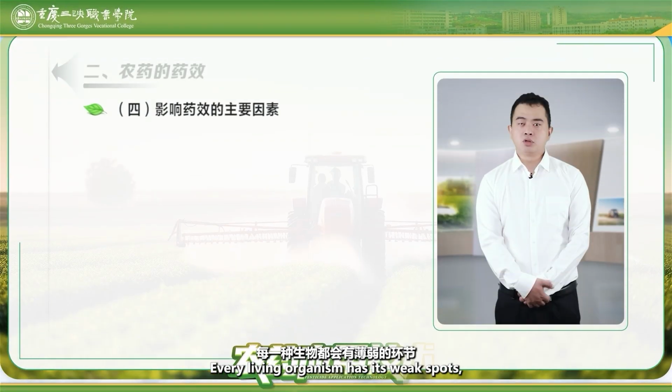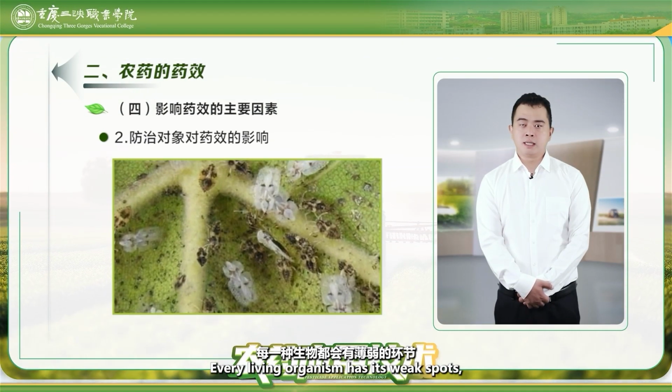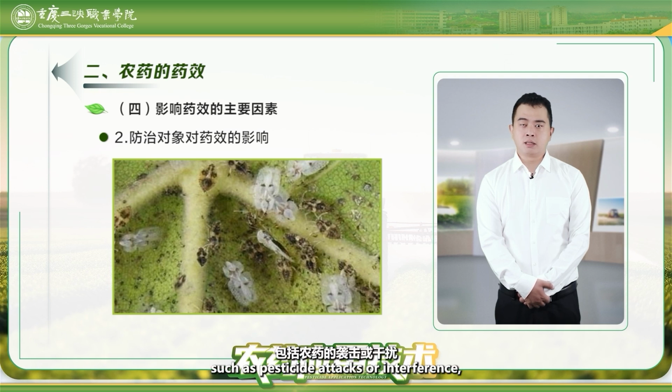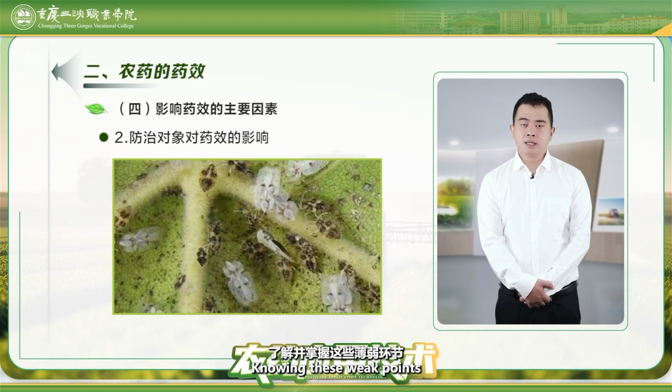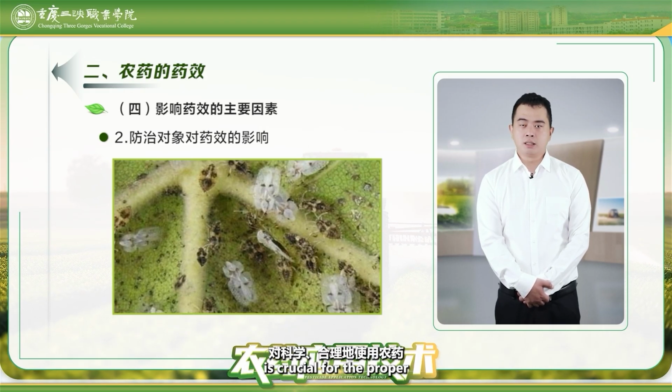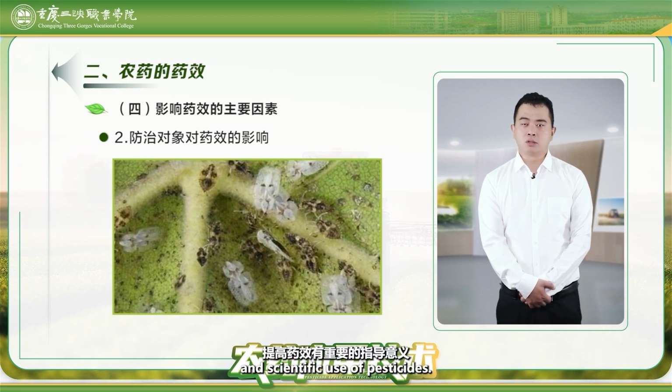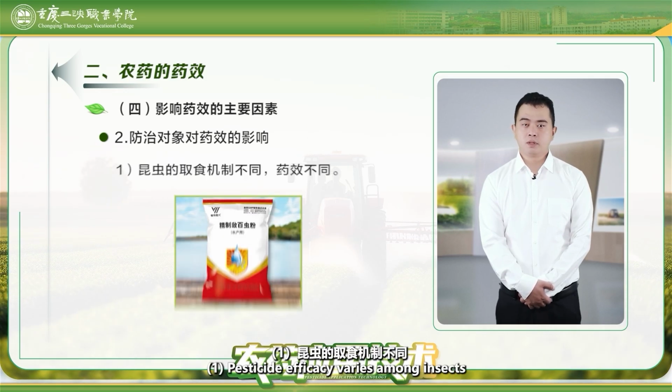Every living organism has its weak spots, making it vulnerable to external factors such as pesticide attacks or interference, which can threaten its continued existence. Knowing these weak points is crucial for the proper and scientific use of pesticides. 1.